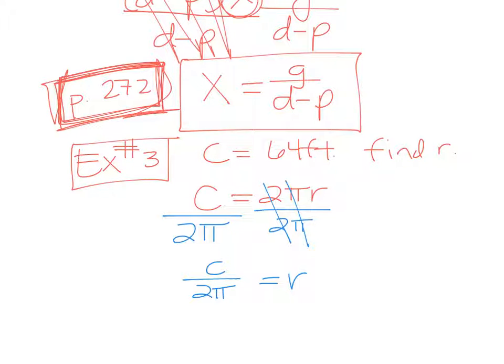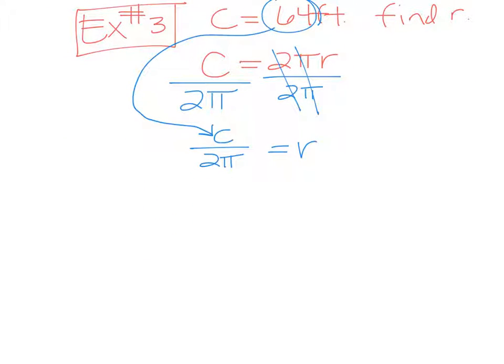Well, they told us C is what? 64. So I'm going to take that 64 and drop it in right here. So what I'm going to plug in is 64 divided by 2, and another number for pi. Does anyone know the shortened number for pi? 3 point, you guys are so smart, 3.14. So you're going to multiply this first, because remember, this division bar is like parentheses.